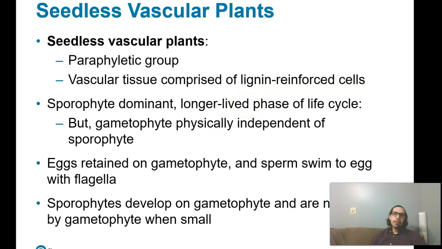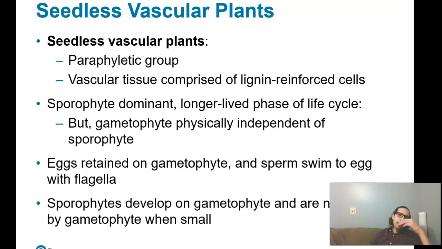For seedless vascular plants, like the ferns, horsetails, and club mosses, these are a paraphyletic group. Here the vascular tissue is made of lignin-reinforced cells. Here, the sporophyte is the dominant phase in the life cycle.